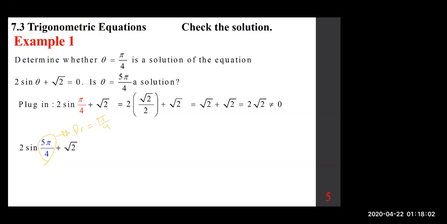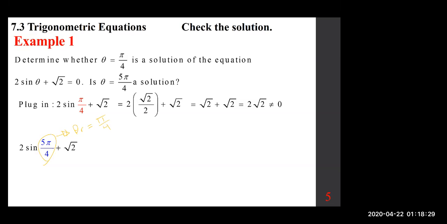So 5 pi over 4, which quadrant is that, everybody? Third. Third quadrant. Class, remember, whatever the denominator is, if you make the numerator like that, so 4 pi over 4, that means pi. Okay, so 5 pi over 4 is larger than that. Puts us in the third quadrant.